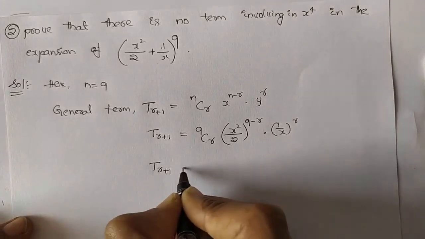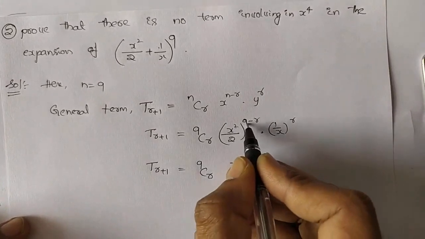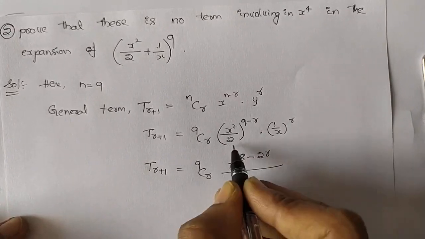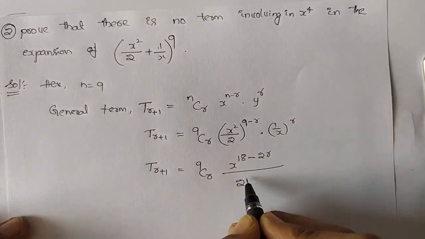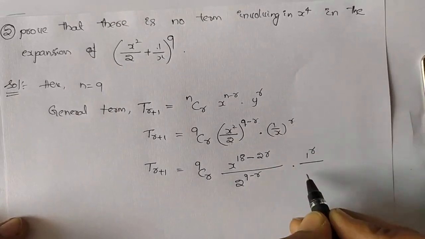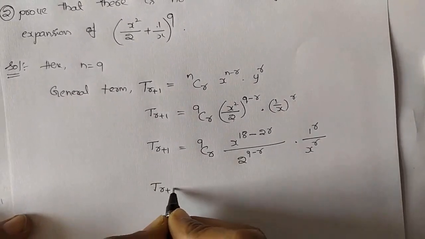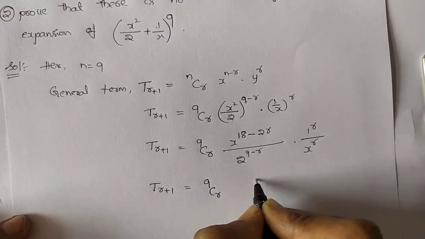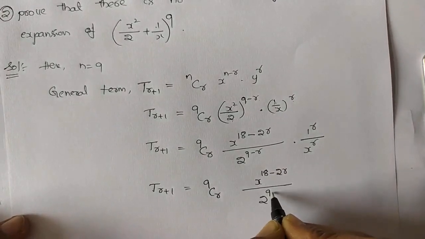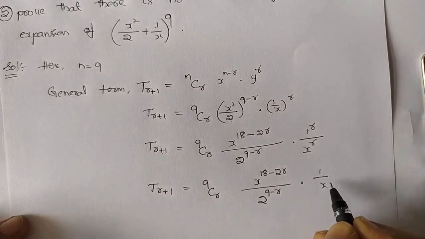T r plus 1 equals 9Cr x power 2 into 9, which is 18, minus 2 into r, which is 2r, divided by 2 power 9 minus r, into 1 power r divided by x power r. Next, T r plus 1 equals 9Cr x power 18 minus 2r by 2 power 9 minus r, keep it as it is. 1 power r is 1 only, 1 by x power r.